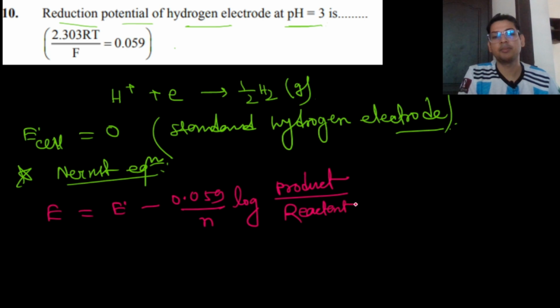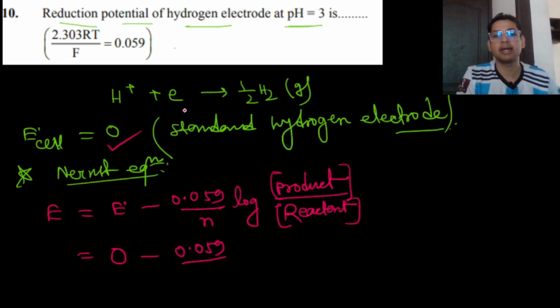Here n is the number of electrons changed, right? E naught is 0, we already got it from here. Minus 0.059 by n, where the number of electrons changed is 1.